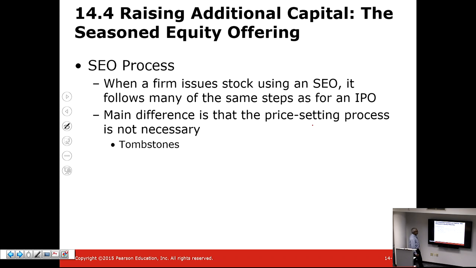For a firm issuing an SEO, they have to follow pretty much the same steps that they did when they went into an IPO. The only thing that is not necessary is the whole roadshow process and the price setting that they did with it, because the firm already has stock trading in the market. At what price would they do an SEO? The price at which the stock is already trading in the market.